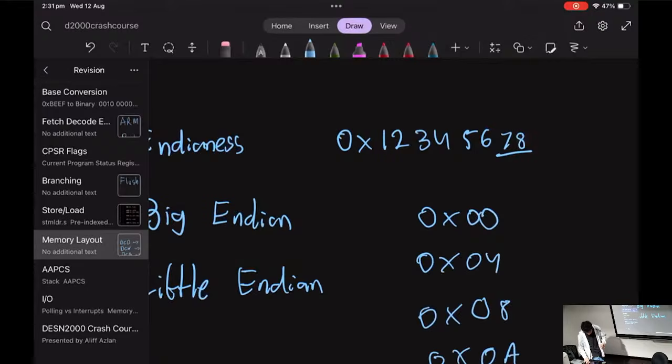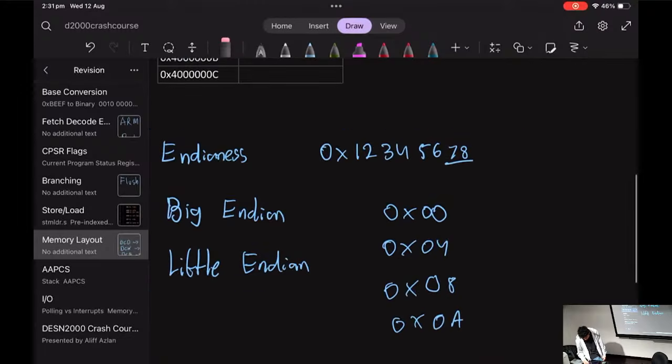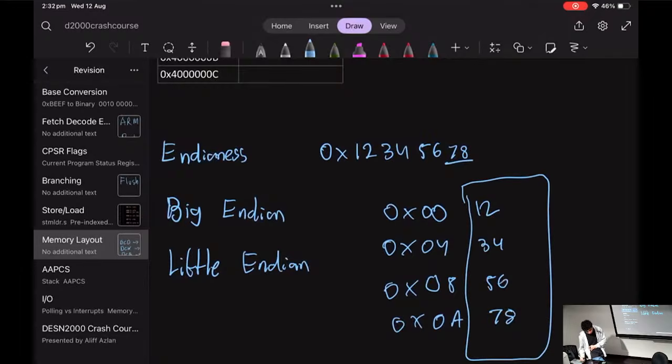In big endian, the little byte, the end, goes on the largest memory address. So 78 would go here. Then we had 56, 34, and then 12. So this is what it would look like inside a big endian representation.